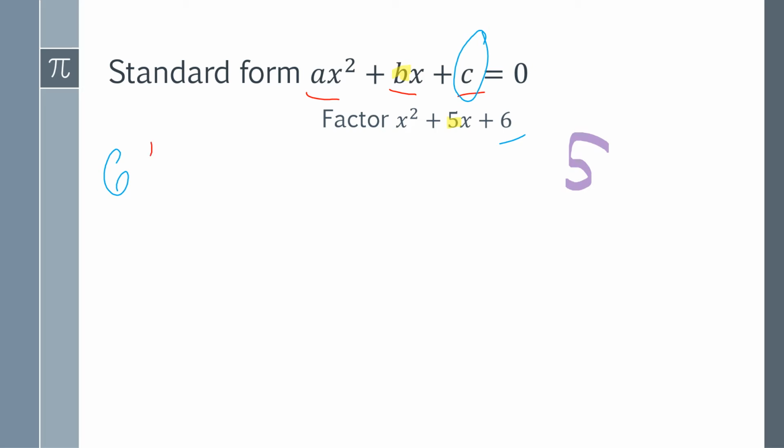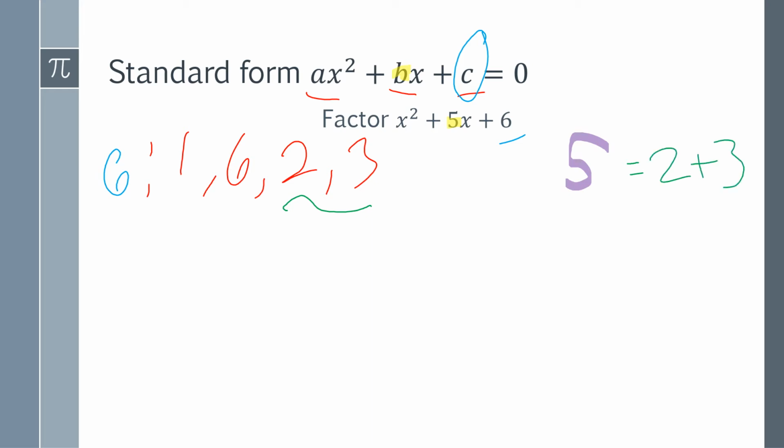So 1 times 6 and 2 times 3. So those two factors that give me 6 and will work to give me 5 when I add them are 2 and 3. So that's going to be 5 equals 2 plus 3 because 2 plus 3 is 5.